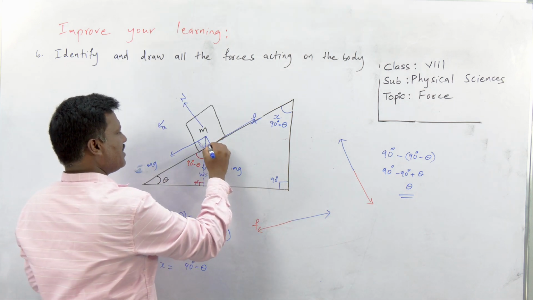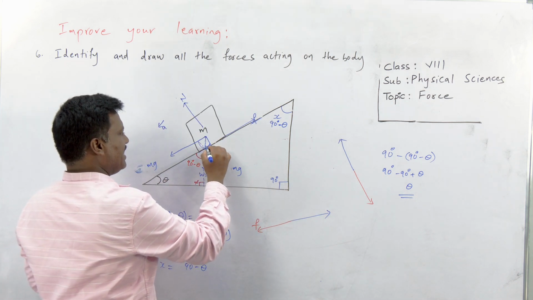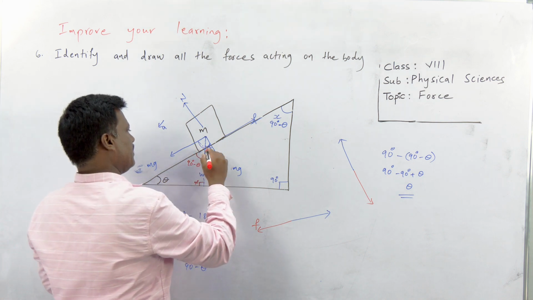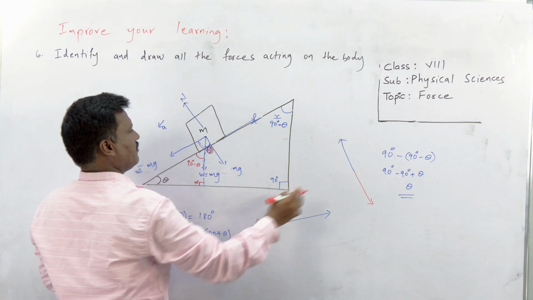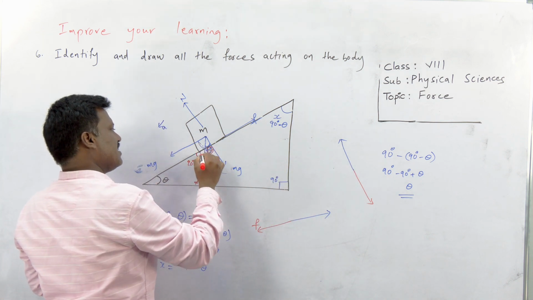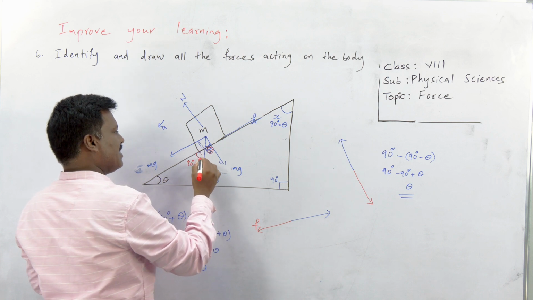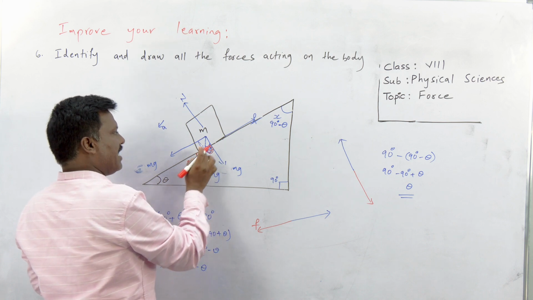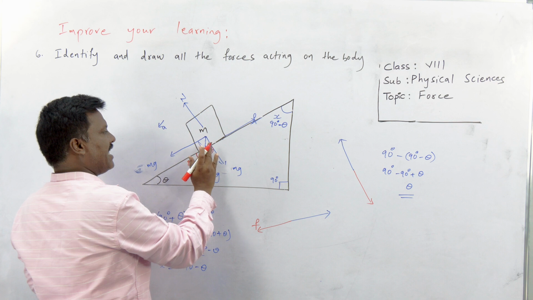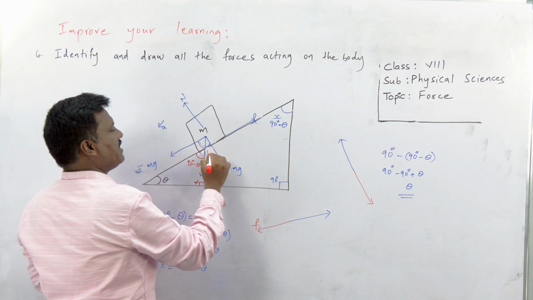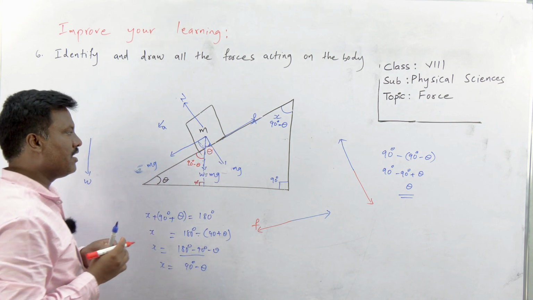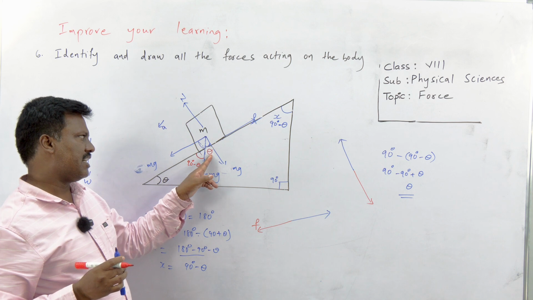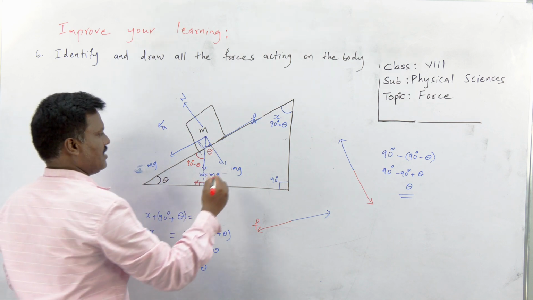So the angle we get here is theta. We get this angle theta because this is 90 degrees, this is 90 minus theta, and we subtract this particular angle from the total 90 degrees. So this angle we get is theta. According to the vectors concept, the side adjacent to theta is cos theta.